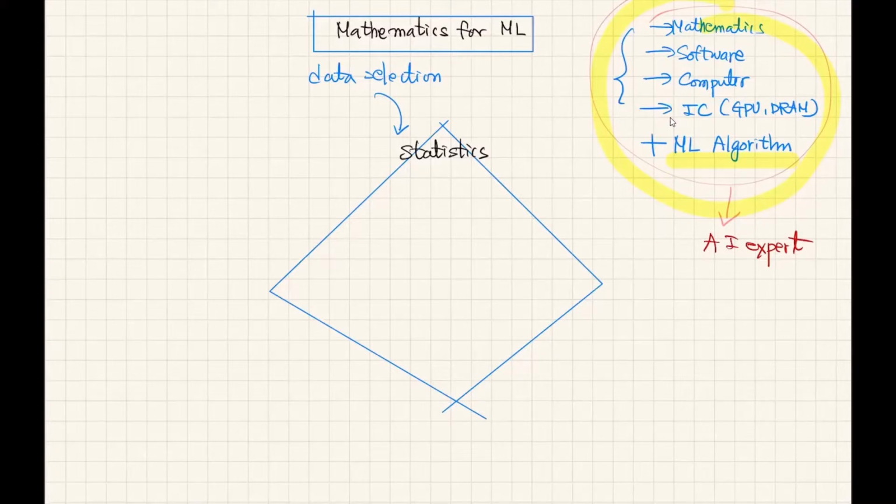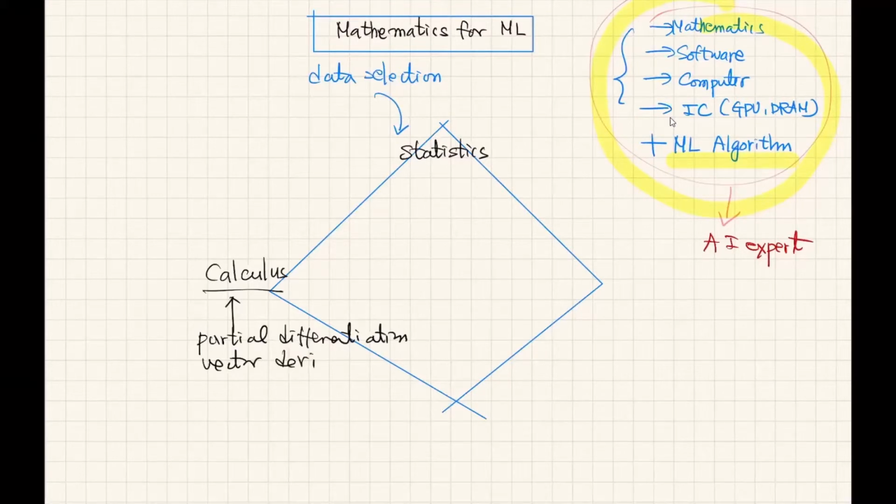And second, the background of mathematics for machine learning is calculus. Especially, you have to understand partial differentiation and vector derivative. This calculus is needed during the backpropagation.